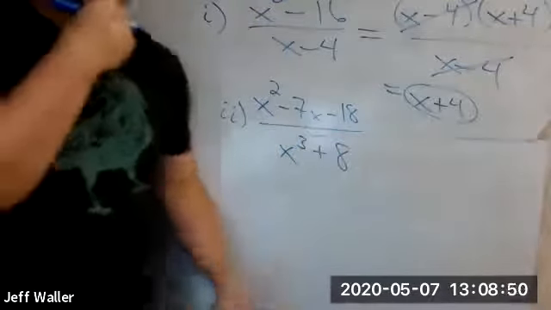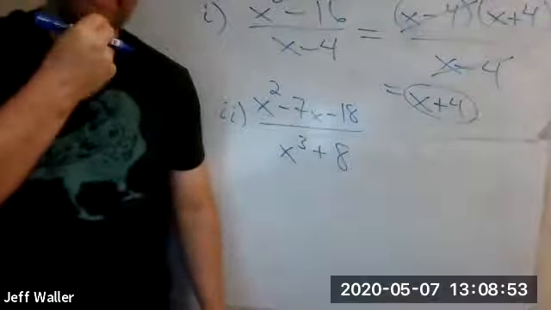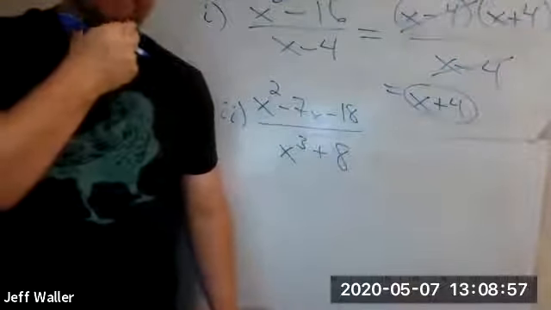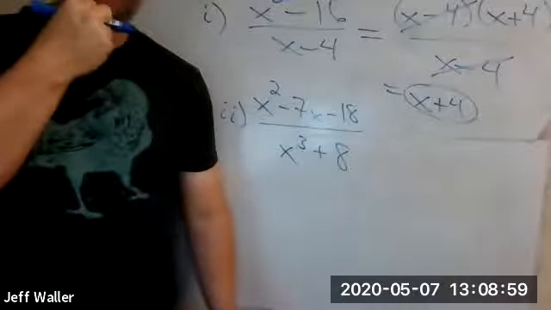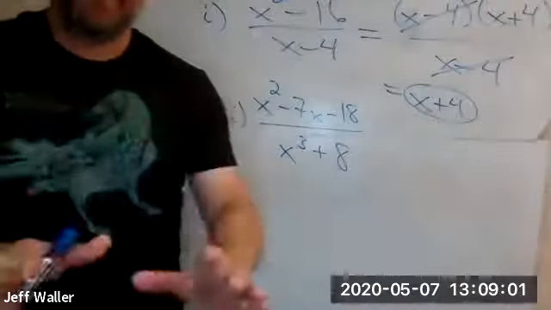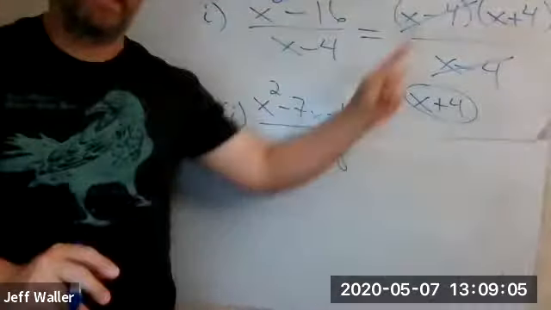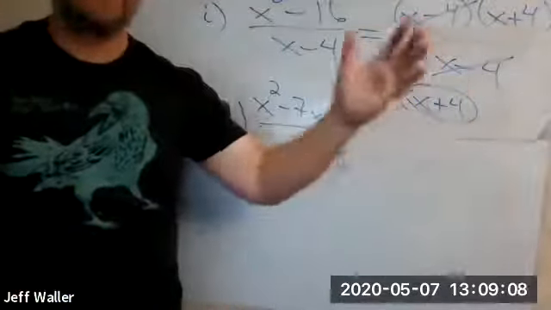That one's nice and gross. So what you do, you factor the top, you factor the bottom, and then you see who wants to die, and you let them die.